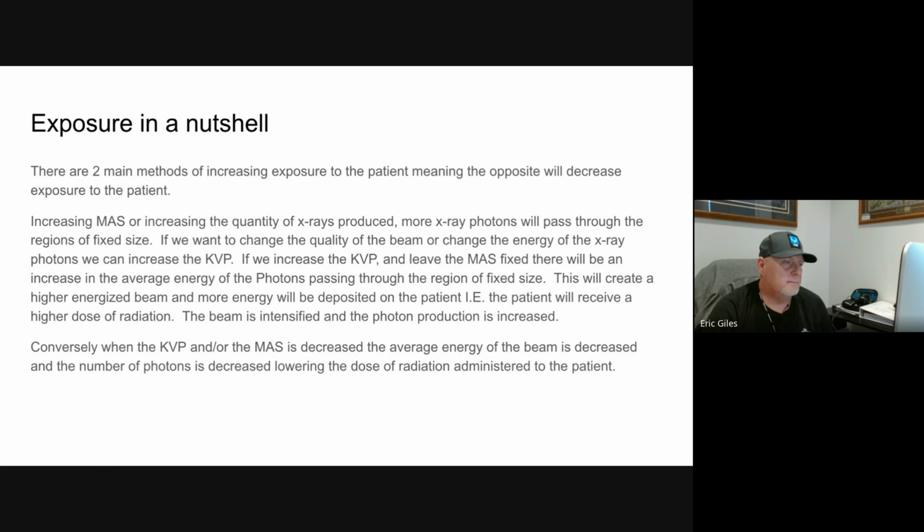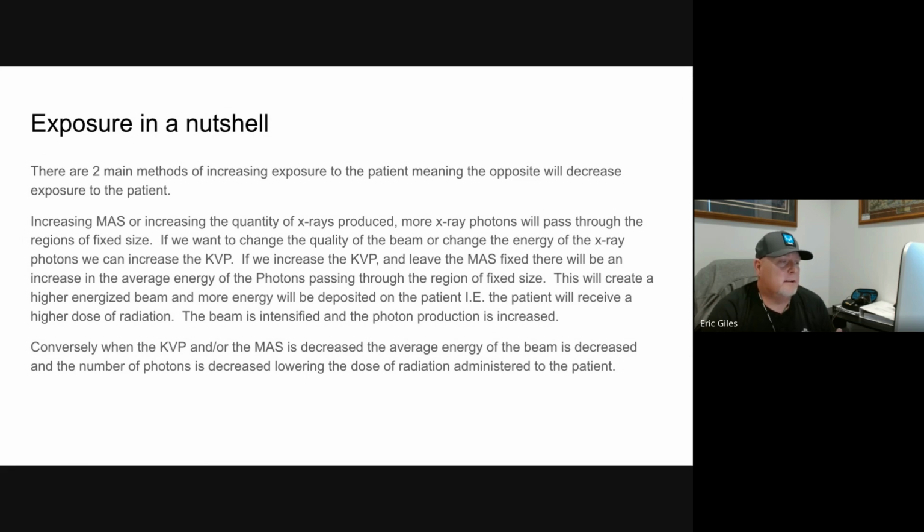But we know that to increase the quality of the beam, or change the energy of the X-ray beam, we need to raise the kVp. If we increase the kVp and leave the mass fixed, there will be an increase in the average energy of the photons passing through the body or region of fixed size.